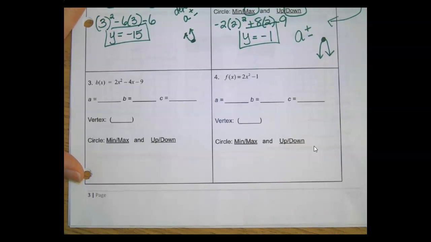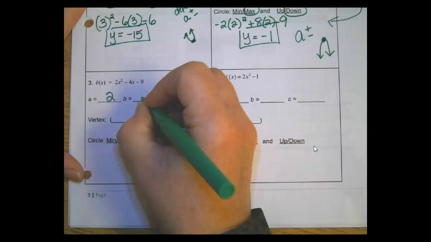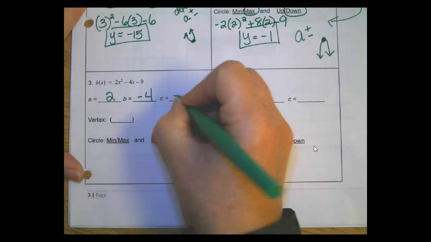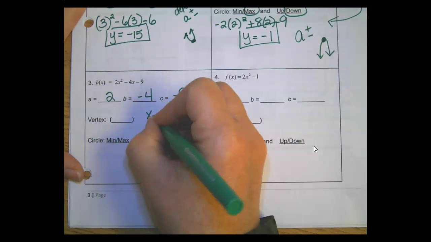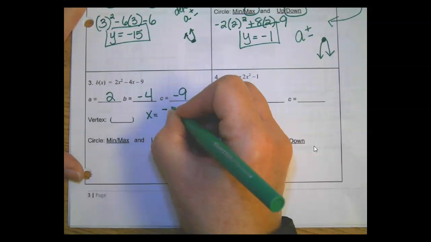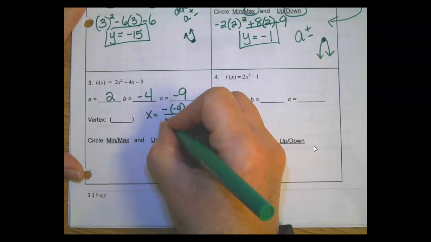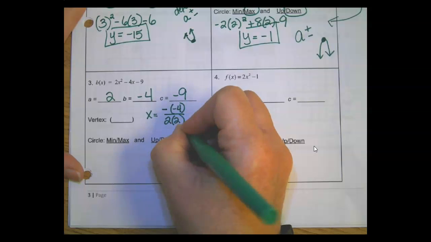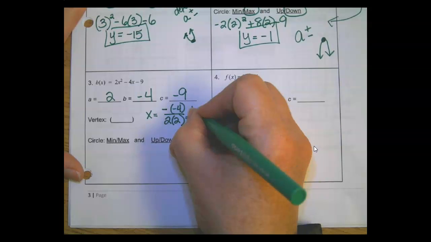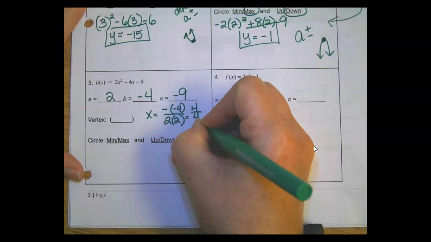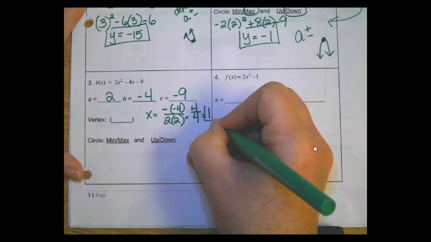Let's do number 3. My A is 2, my B, negative 4, my C is negative 9. X is equal to negative B, so a negative 4, divided by 2 times my A, which is 2. Negative 4 is 4. 2 times 2 is 4. 4 divided by 4 is 1.